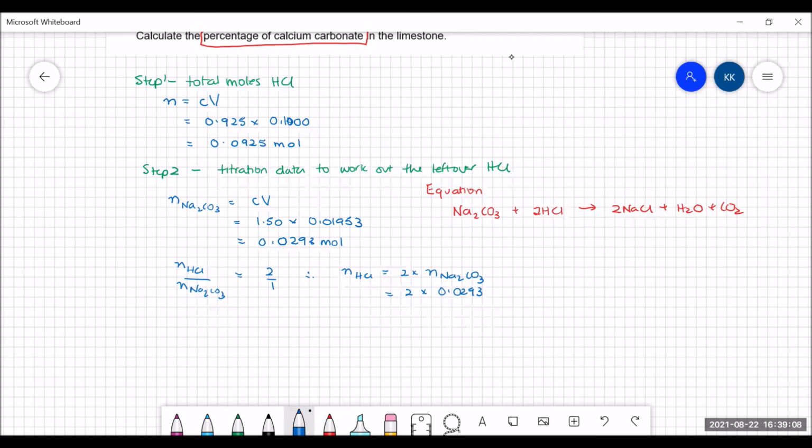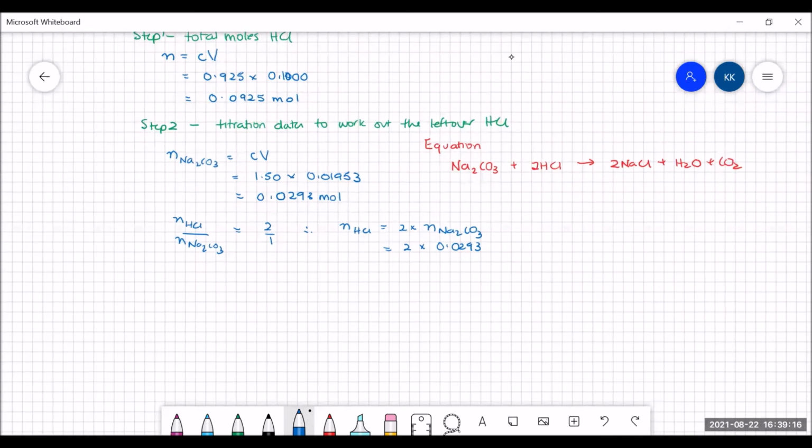Okay, when we round off to the correct number of significant figures, that's only when we write things down. When we continue the calculation, we use the whole answer. So multiplying that by 2, we get 0.0586. Okay, so that is our moles of hydrochloric acid that was left over.